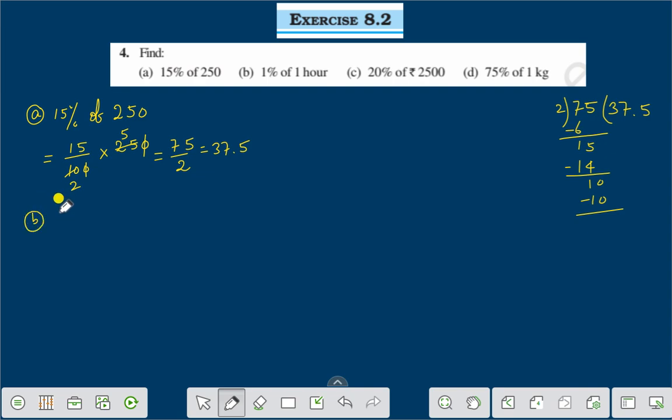1% of 1 hour. We know that 1 hour is equal to 60 minutes.